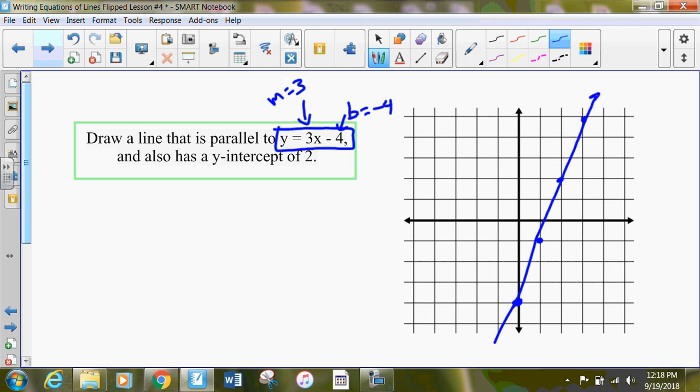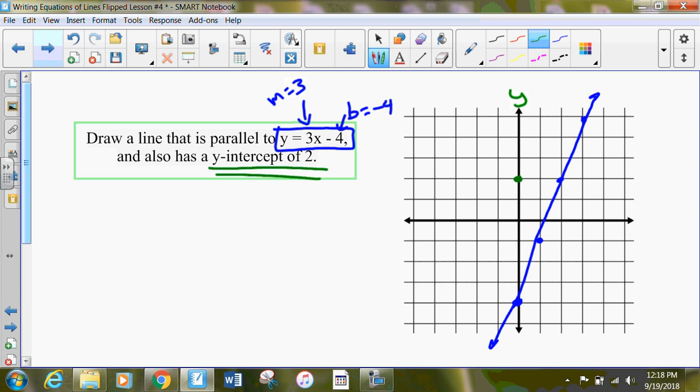Okay, not too bad. So we want to find a new line that's parallel to this and also has the y-intercept of 2. For our y-intercept of 2, I'm going to go to the y-axis and put a dot on 2. We were reminded that parallel lines have the same slope.